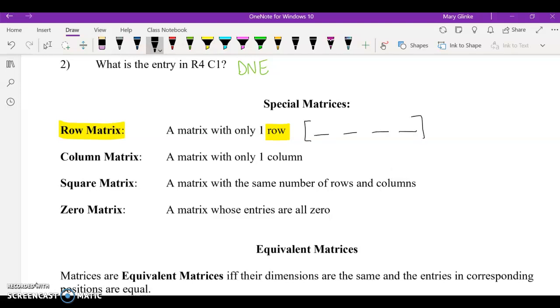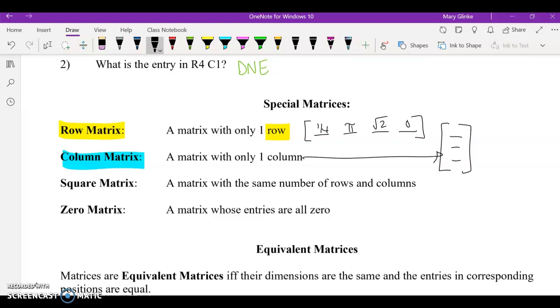In each of these entries you could have numbers like 1/4, pi, the square root of 2, or just a normal integer. Your column matrix is very similar. It's made up of only one column with any number of rows.